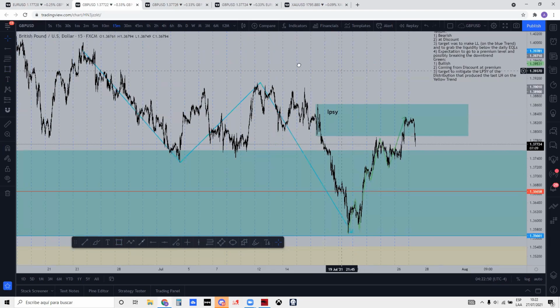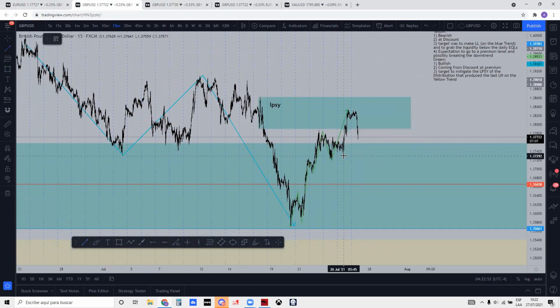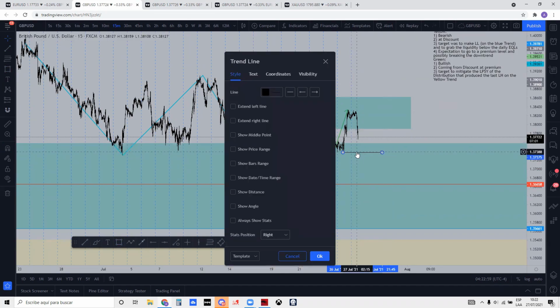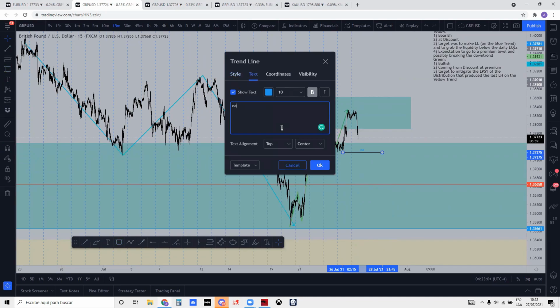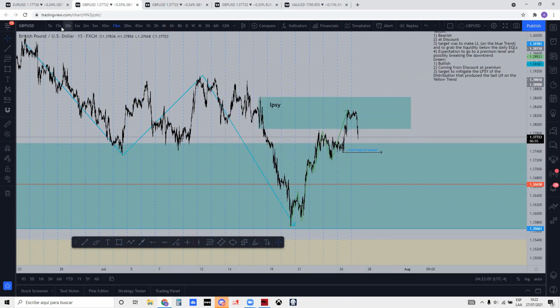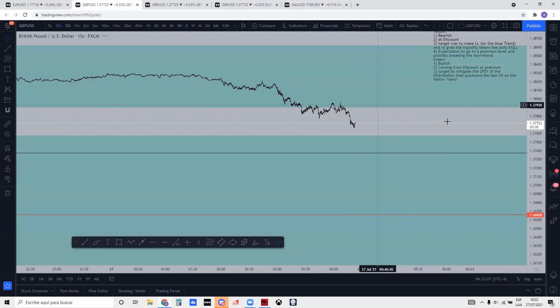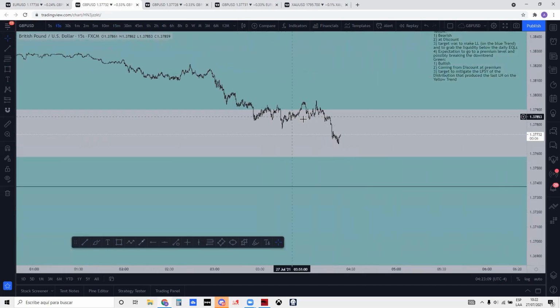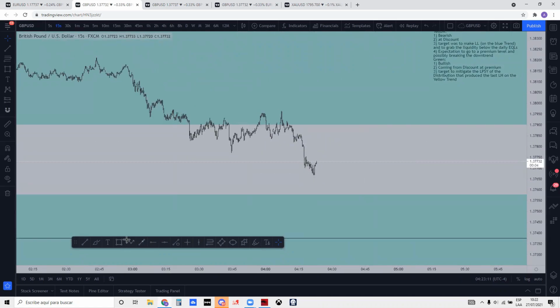Exogenous target down there. Okay, and on the 15-second chart, we said that this was the distribution and this is the upthrust.